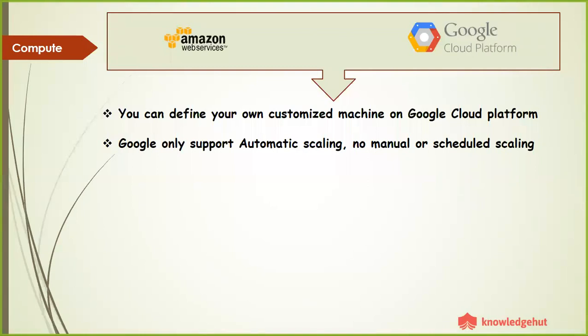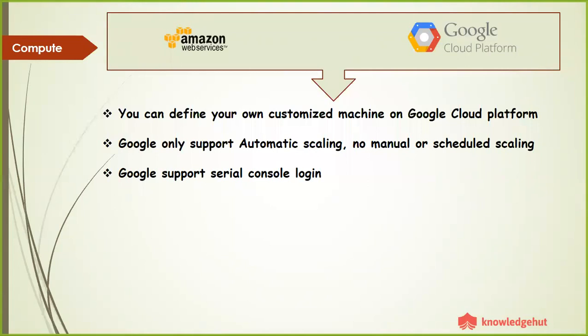Google only supports automatic scaling. You have to define some criteria, maybe CPU usage or other conditions, and then you can do your scaling in that case.